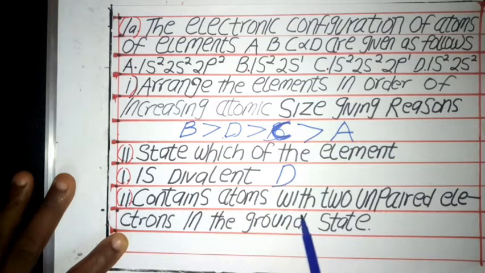The next one: contains atoms with 2 unpaired electrons in the ground state. Remember, I said unpaired electrons.